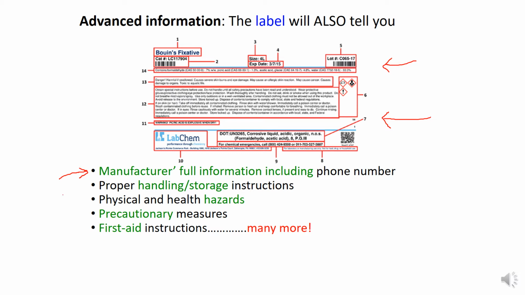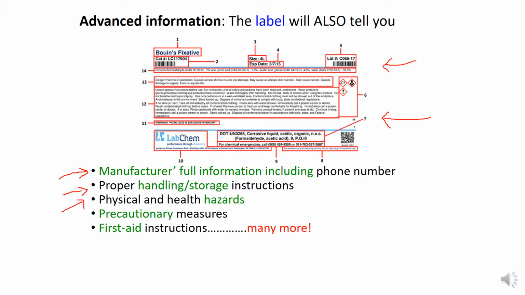Secondly, of course, the handling of the product. This is very important. Instead of going into detail on the internet or MSDS documents, from the label we can understand the handling and storage of this container or chemical or whatever the product is. And of course the physical and health hazards.